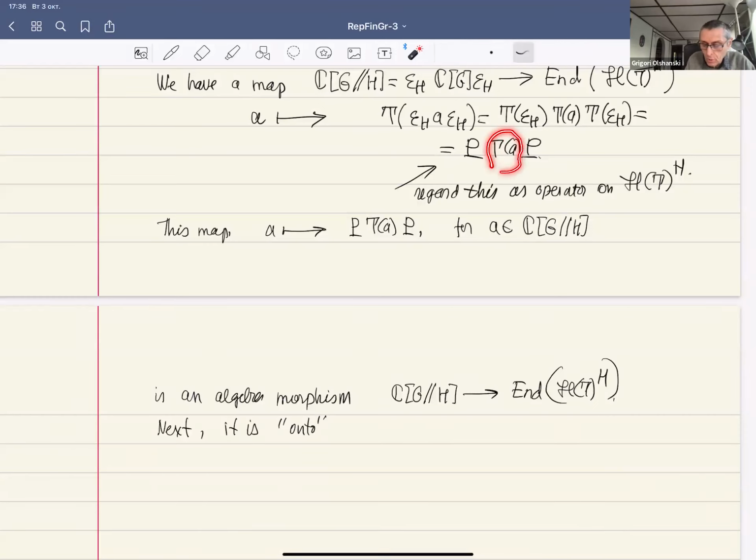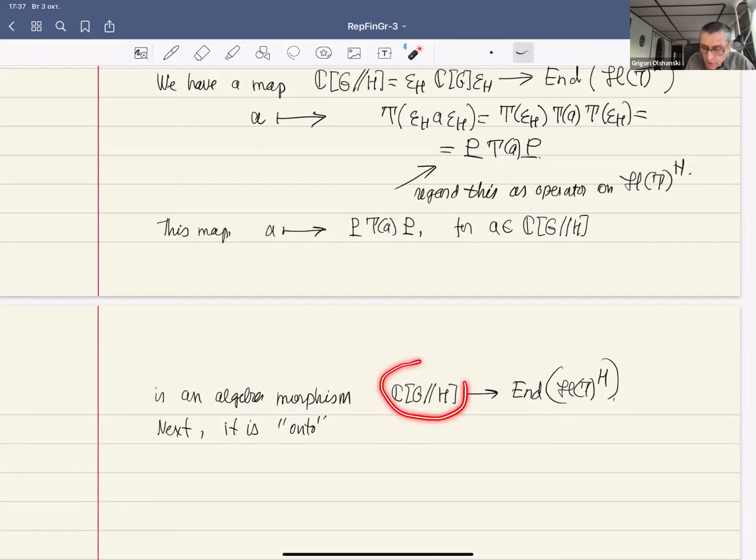So these operators range over all operators in our space. And so writing P on the left and on the right, we get all operators of this block form, 0, 0 here, and everything here. Okay. So this morphism is surjective.